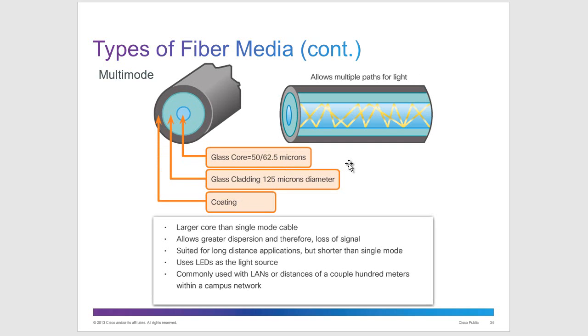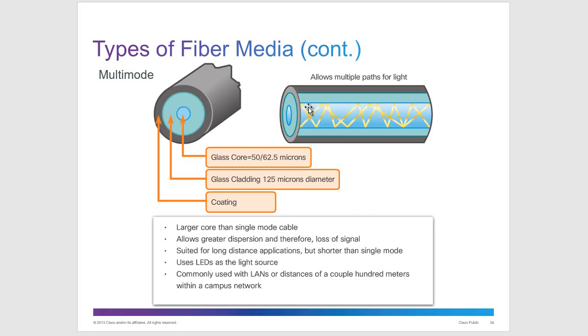Okay, multimode is also another form of fiber optic cabling, but it has a thicker core in the middle, potentially higher transfer rates, more data can be sent because it is a bit thicker. But because it is thicker, the data kind of reflects off the inside of the cabling, which will make the signal loss greater, and therefore it can't run quite as far as single mode.